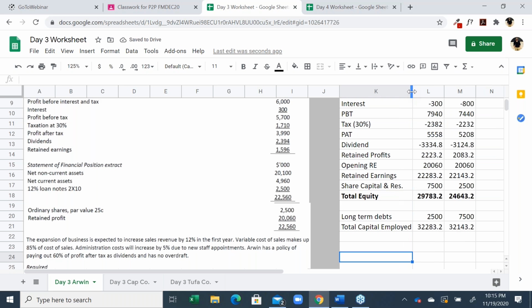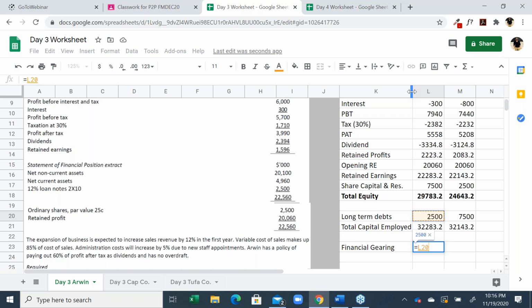So first of all, we have to see financial gearing. That shows us how much debt we have as compared to our total investment. So what are the long-term debts? 2500, right?